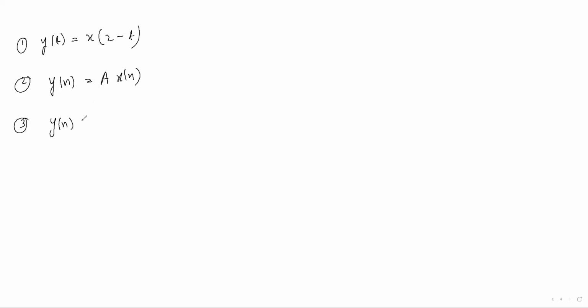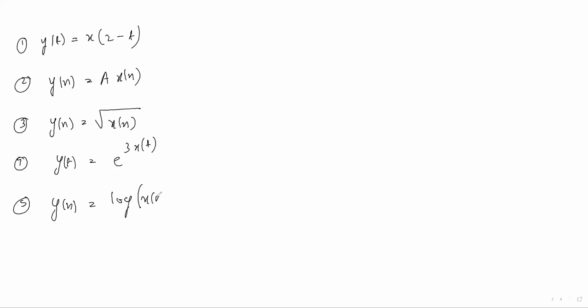Three: y of n equal to root x of n. Four: y of t equal to e to the power 3 x of t. Fifth: y of n equal to log x of n. Check whether these systems are linear or non-linear.